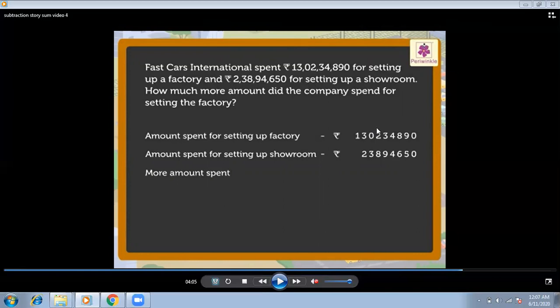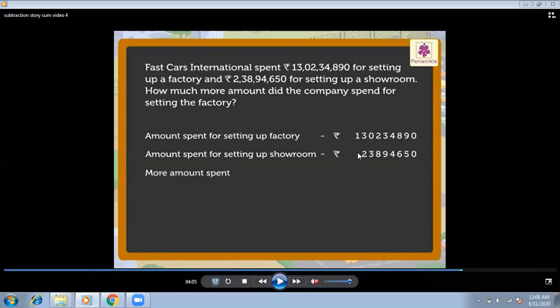Now can you see there are 9 digits and there are 8 digits? So when there is a difference in digits, when one number has more digits and another number has fewer digits, obviously you will write the bigger number upside. But what you will do with the number that has fewer digits? You will start writing from the ones place. Means you have to make sure that the ones place is filled up. It doesn't mean you will start writing the number from the left and the ones place will get empty.